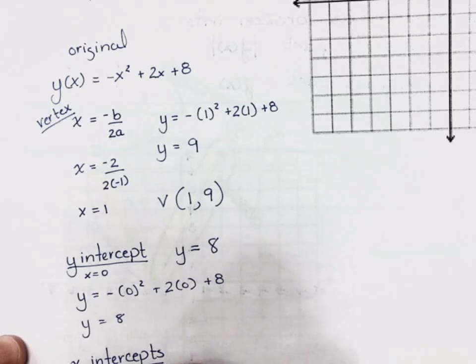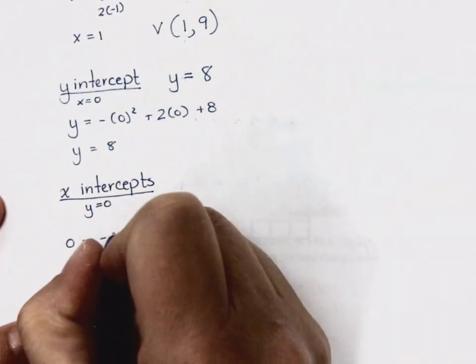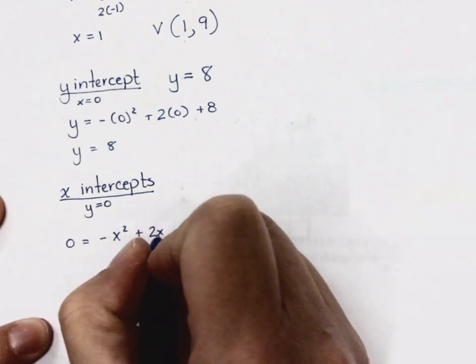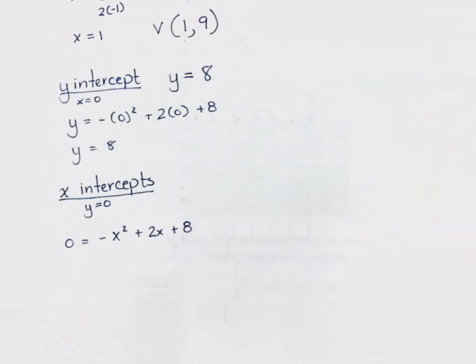So when we're looking for our x-intercept, we know our y is 0. So we're going to have 0 equals negative x squared plus 2x plus 8. I have no desire to factor with a negative x squared. What do you guys want to do? I'm going to move everything to the left-hand side.